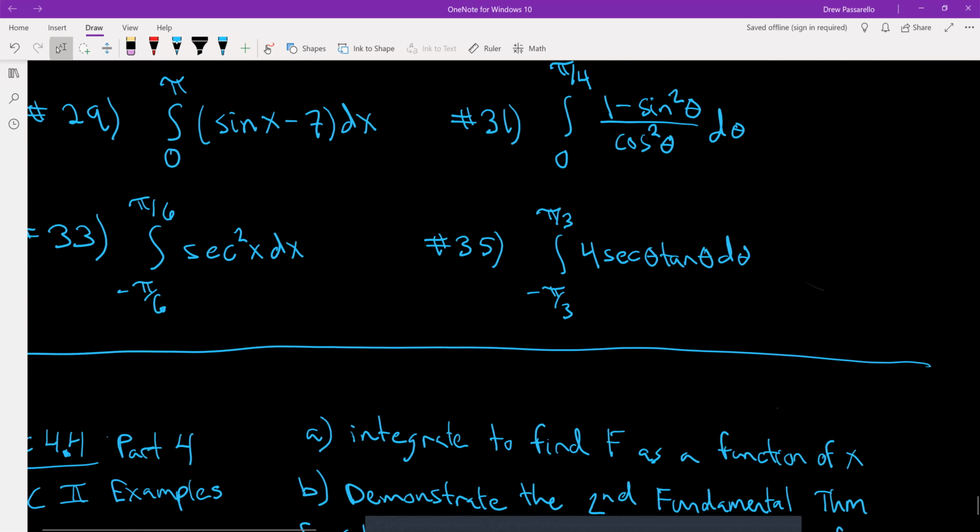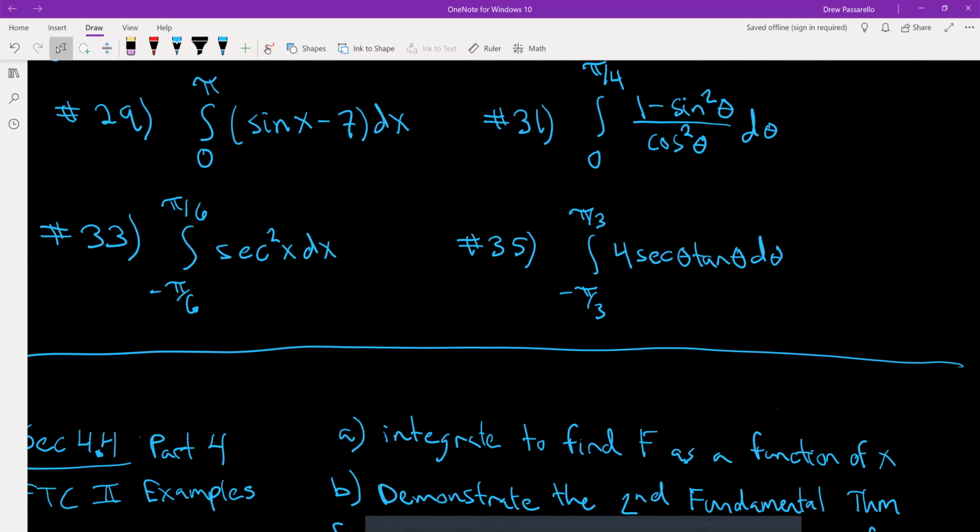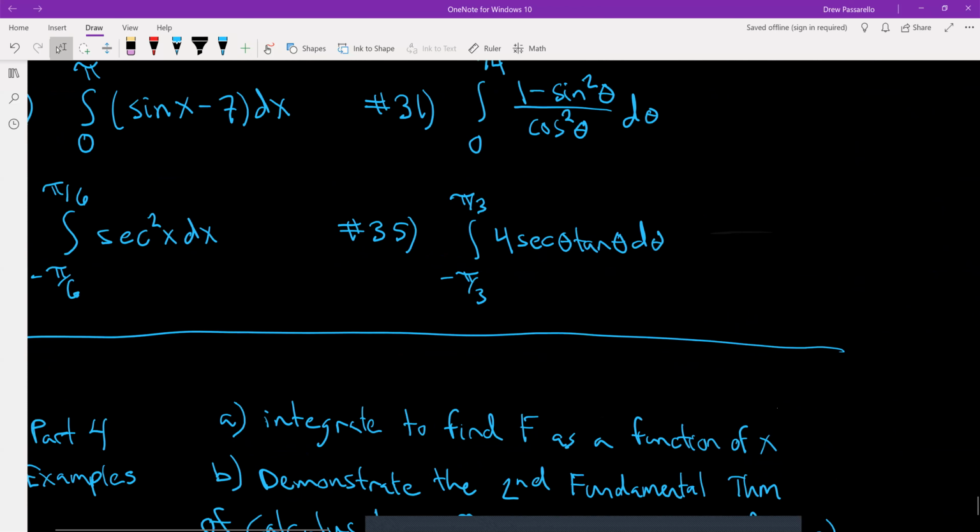All right, so the next one's 33, and you're doing secant squared, and it goes from negative pi over 6 to positive pi over 6.